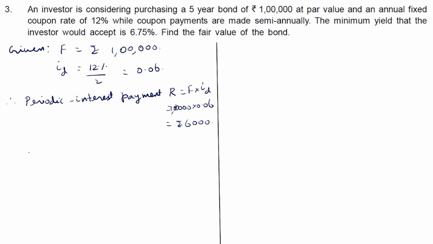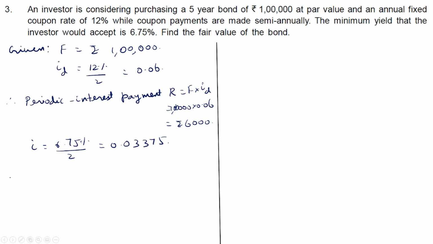And then next we have the minimum yield which the investor requires is 6.75% for 1 year. So for every 6 months it will be 6.75% divided by 2, or it is 0.03375.